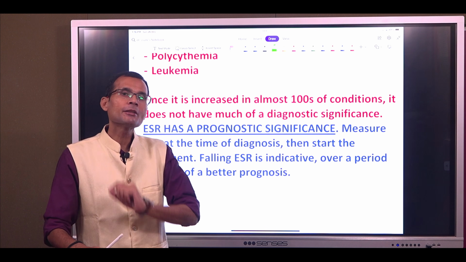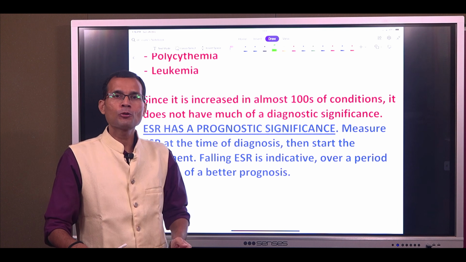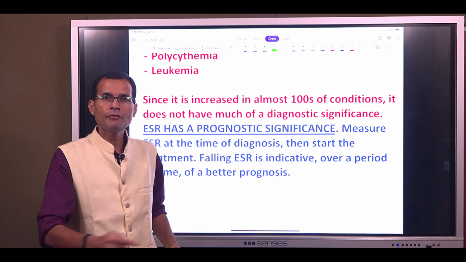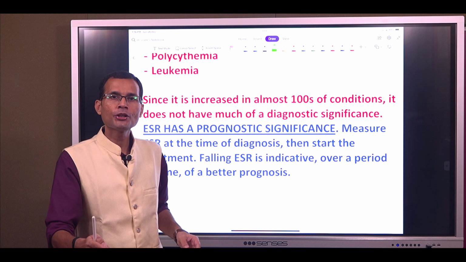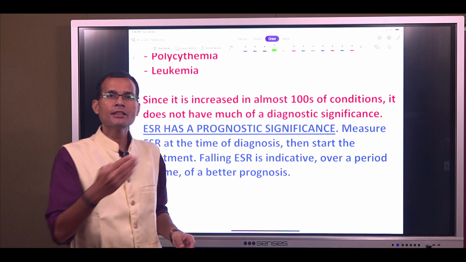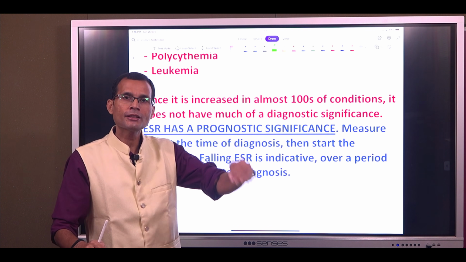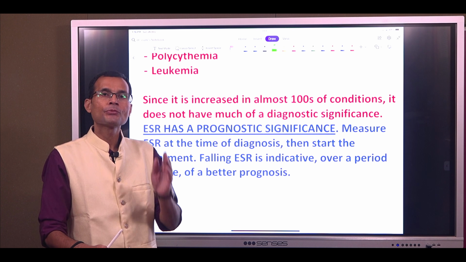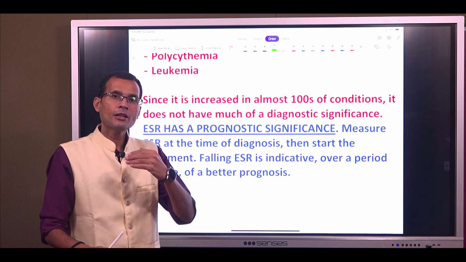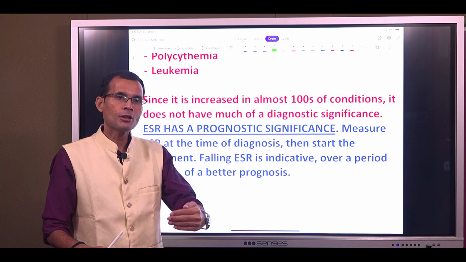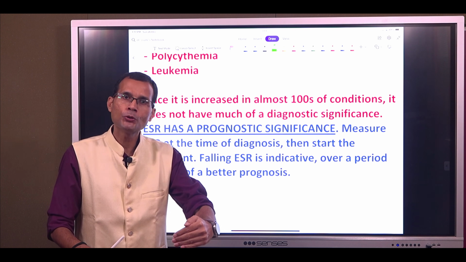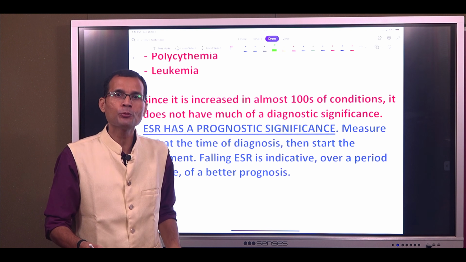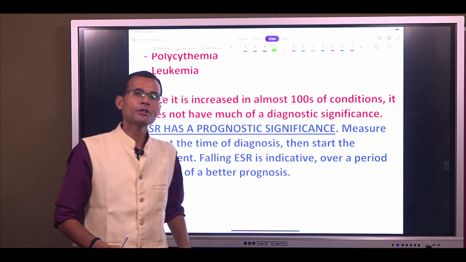Then you start the treatment, and maybe after 2 or 4 months, ESR is repeated every 2 months. Treatment is going on, and if you find that the ESR has now come down to 60 or 40 millimeters at the end of 1 hour, it indicates a good disease outcome. Prognosis is said to be good. I mean, the disease condition is improving. That's the value of ESR.